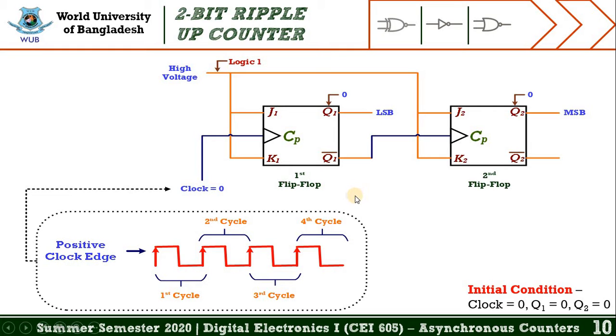That's why the output sections of both flip-flops are 0. That's why we write the value of clock is equal to 0, the value of Q1 is equal to 0, and also the value of Q2 is equal to 0. So let's move into the next slide to explore another condition.